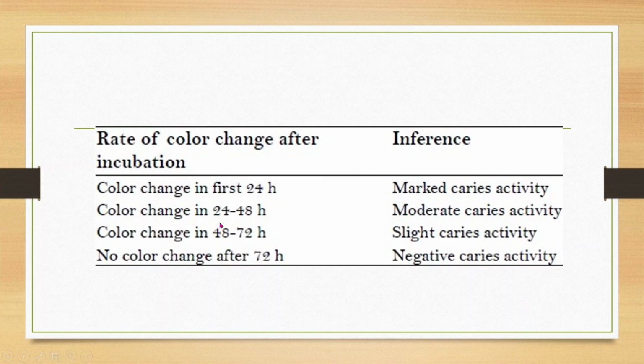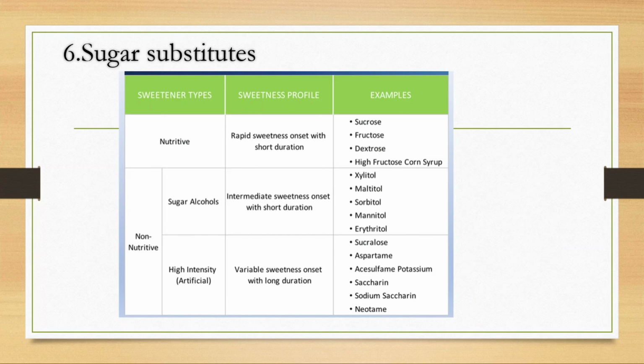Within 1 to 2 days, moderate. 2 to 3 days, that is slight caries activity. If no color change happens after 72 hours or 3 days, the person's saliva is negatively caries active.